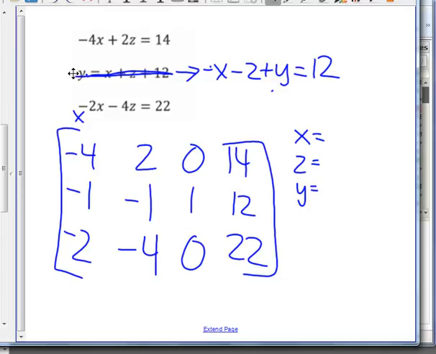What's that, a 3 by what? It's a 3 by what matrix here? Yep.